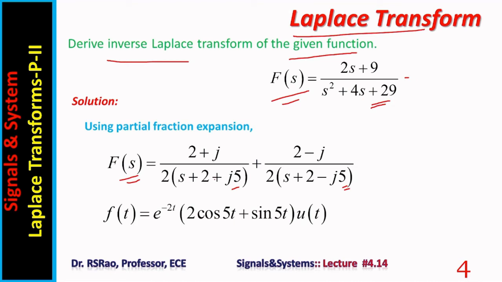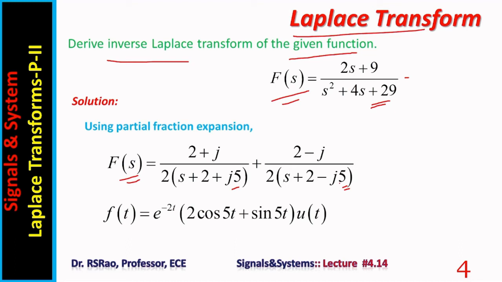Now we have inverse transforms for 1 by (s plus 2 plus 5j) and 1 by (s plus 2 minus 5j), both in the denominator. For both we have inverse transforms.